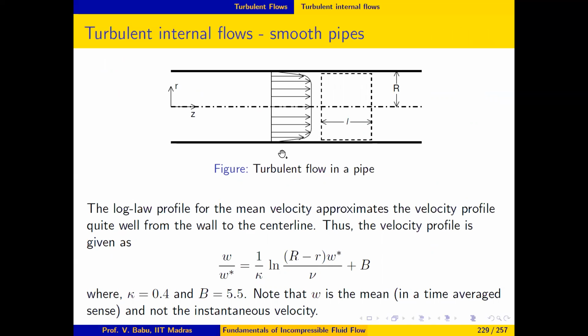This velocity profile also reminds us of the boundary layer velocity profile that we saw earlier. It may be recalled that boundary layer velocity profiles in the laminar case were usually written as u over u infinity, where u infinity is the maximum velocity or the free stream velocity, equal to some function of y over delta, where y is the distance from the wall and delta is the boundary layer thickness.